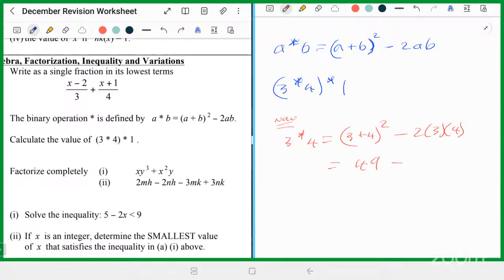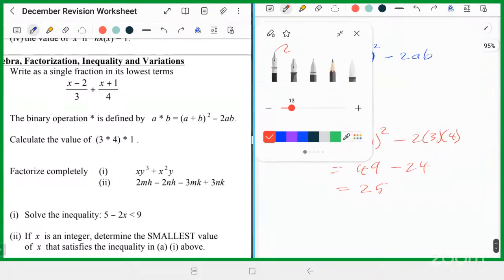Minus 2 times 3 is 6, 6 times 4 is 24. 49 minus 24 is 25. This part of this expression is 25.